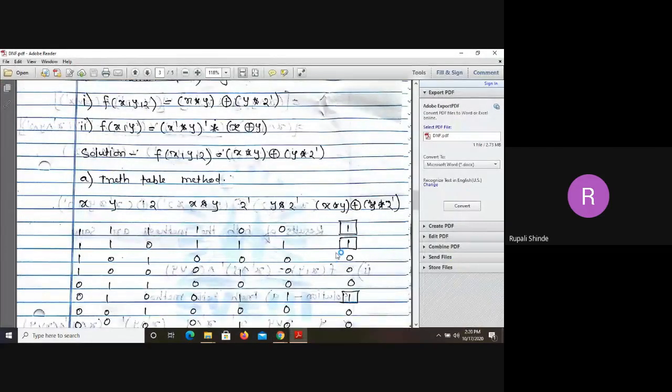Hello. Have we solved that example using a truth table?